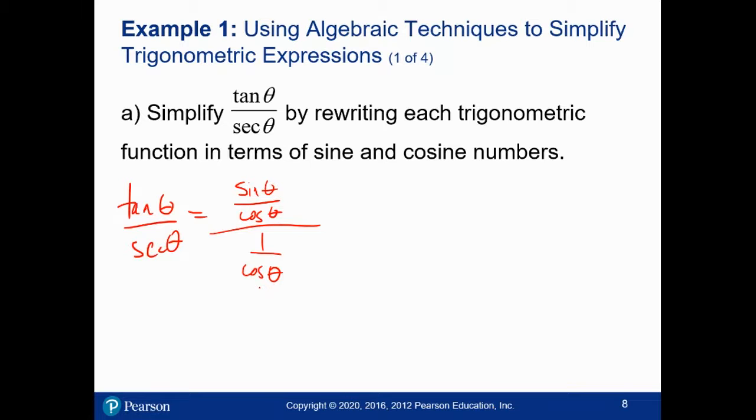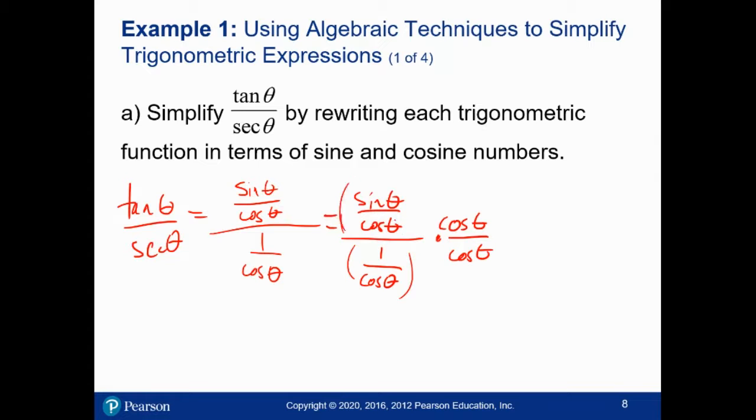And this might look worse because we have fractions over fractions. But this is like the first thing that was in that list: replace everything with sines and cosines. Now let's multiply by 1. For example, I'm going to multiply by cosine theta over cosine theta. That's just equal to 1, so I can multiply by it. But then I can write the numerator and denominator as a single fraction.